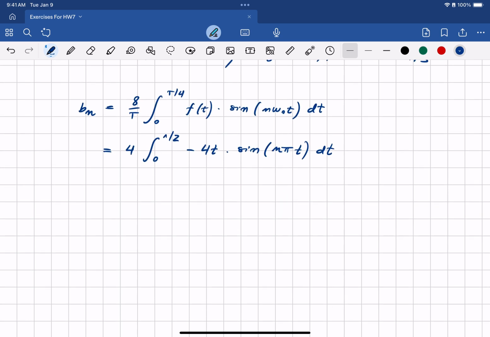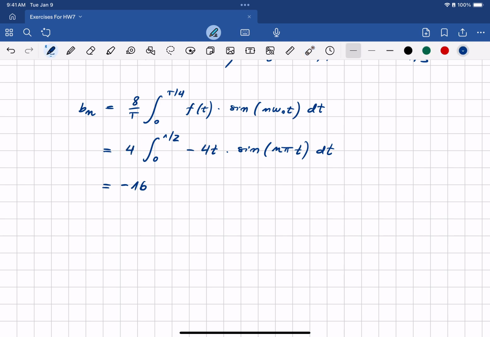Everyone should be at this point very familiar with how to calculate this. So I'm going to go ahead and just write down the solution for this integral. You can do it on your side, but I think this is very familiar for everyone. 4 times 4 is minus 16.